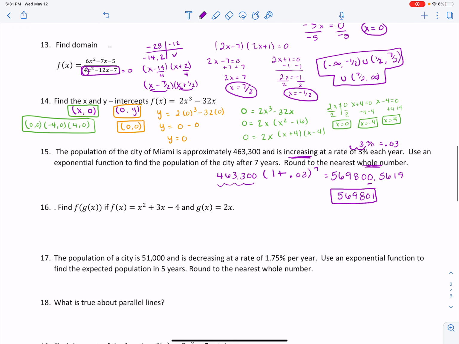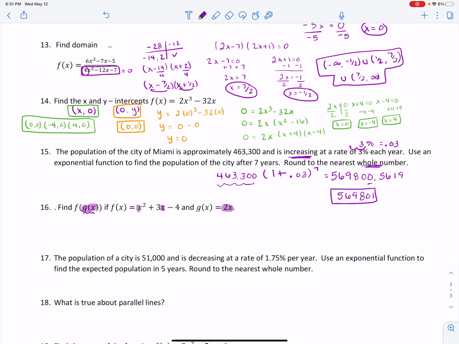All right, 16. Find f of g of x if f of x is x squared plus 3x minus 4 and g of x is 2x. So if I need to put g of x as my input, then g of x, that is equal to 2x, is going to go inside of f at every x you see.